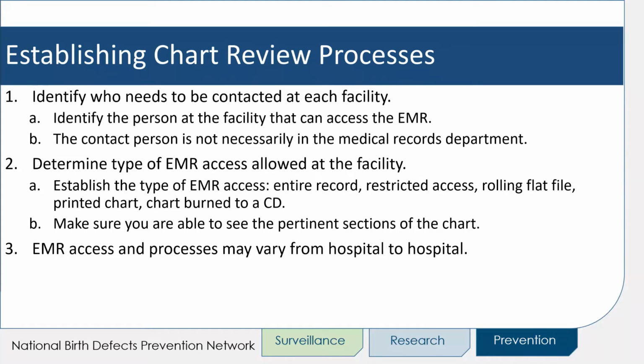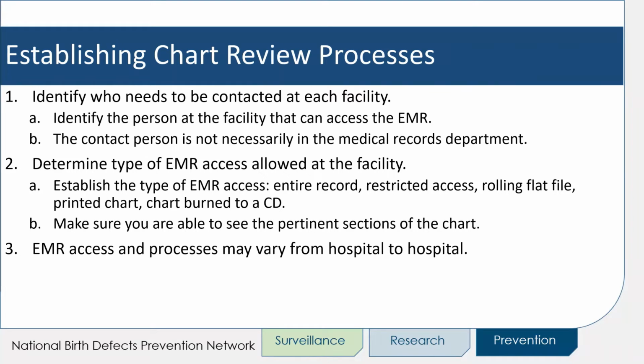Determine the type of EMR access allowed at the facility. It could be entire record or restricted access or rolling flat file, printed chart, or a chart burned onto a CD.